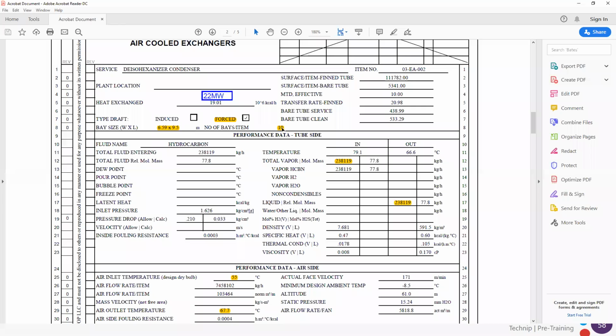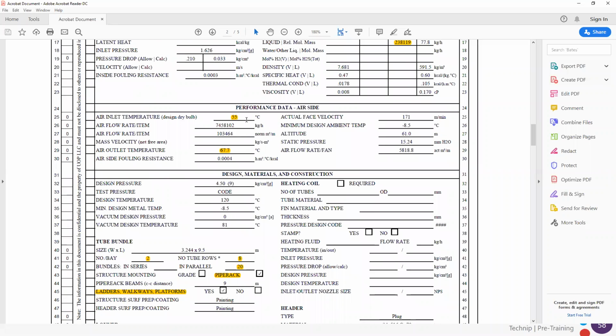This is a very big air cooler with 10 bays, and the tube length is very big, 9.5. The air conditions are also specified, the temperature in and after the design. The air outlet temperature is 67.7.